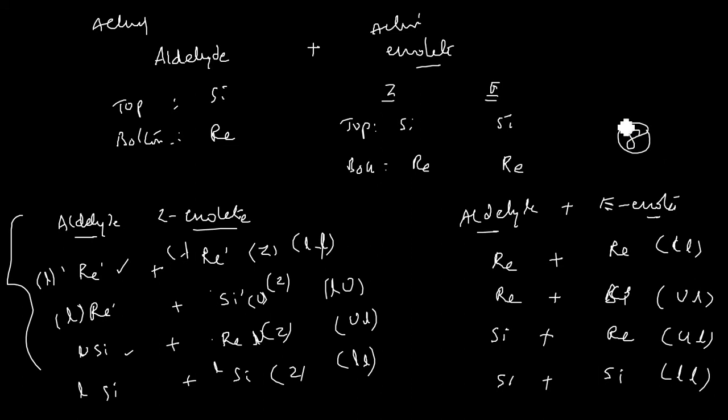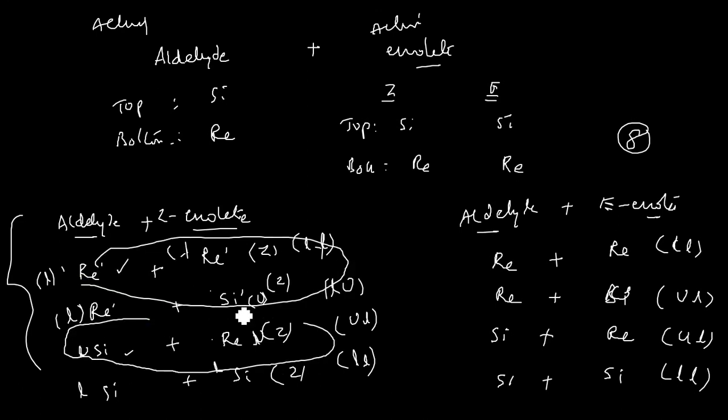So let us discuss one like combination and one unlike combination for both the aldehyde with Z enolate and the aldehyde with E enolate. Consider this Re combination and Si combination, that means one unlike combination and one like combination.